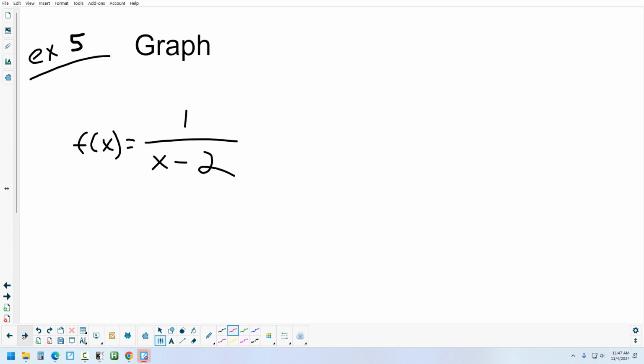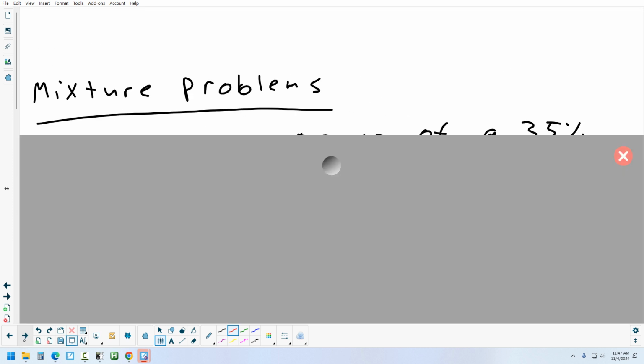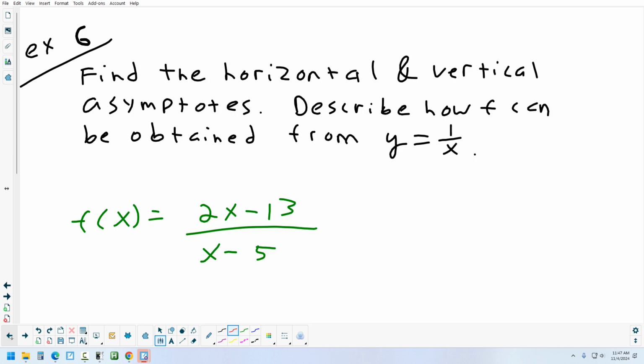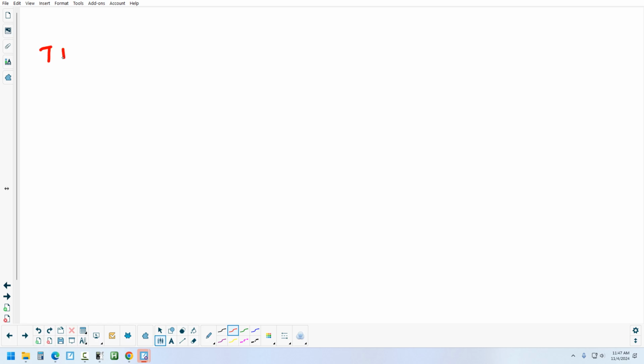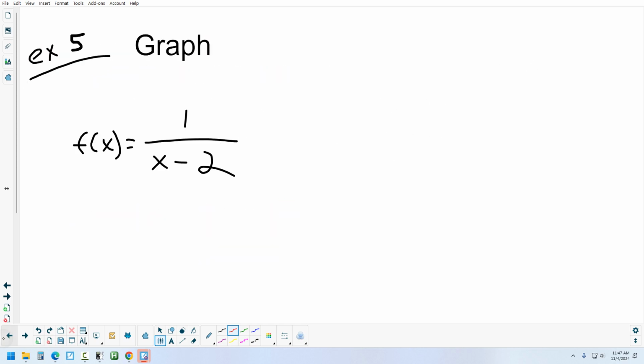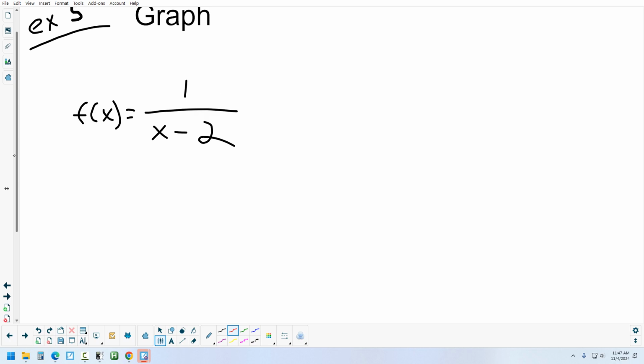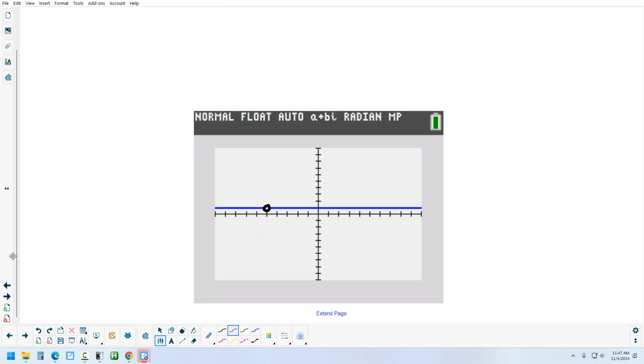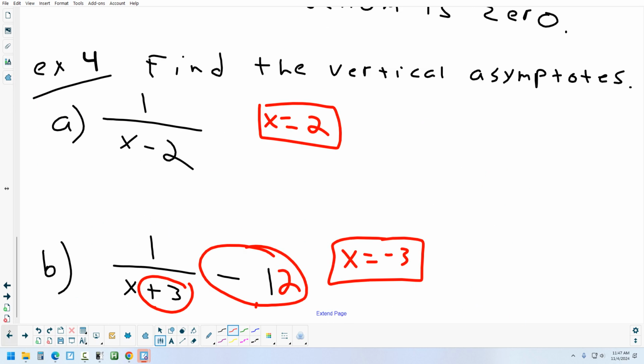All right. Graph that. Mixture problem I'm probably going to do tomorrow because I'm going to finish up with something else. Transformations. So I started to touch on the transformations a little bit when I tried to explain which number is going to affect which asymptote, right here.